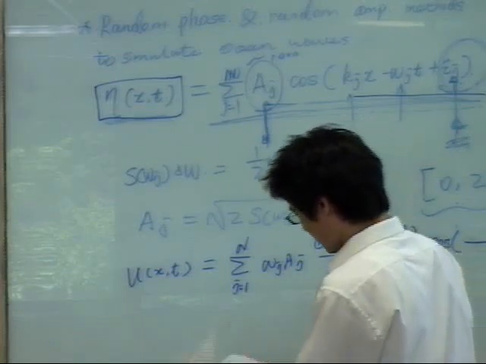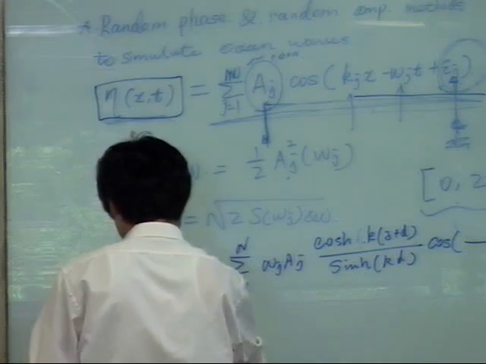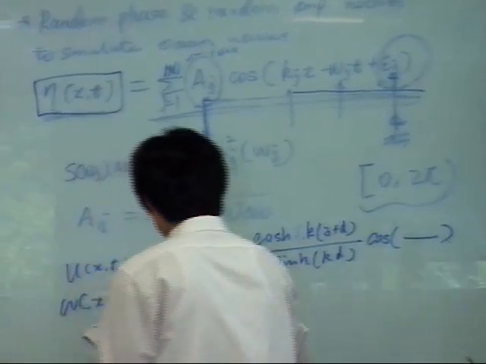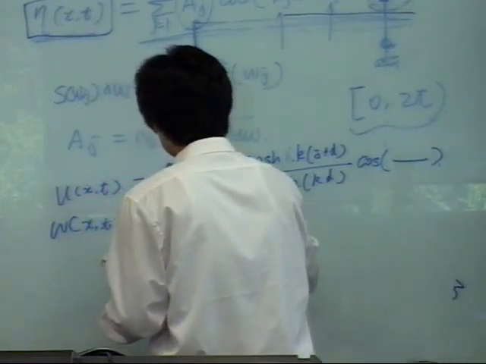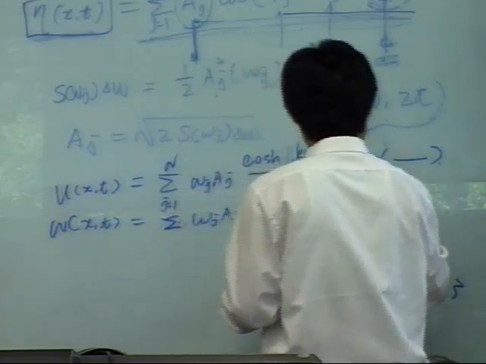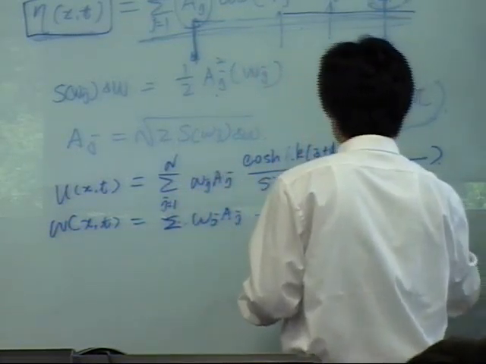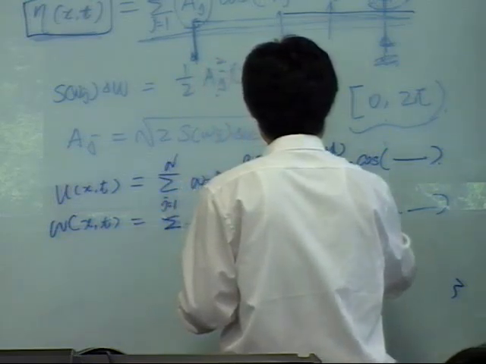This is the horizontal velocity, and we have vertical velocity, right? Same summation. Same thing. This makes sense, okay?